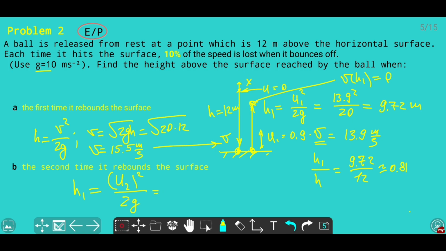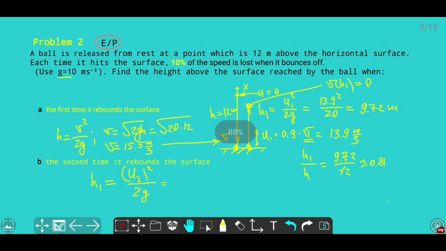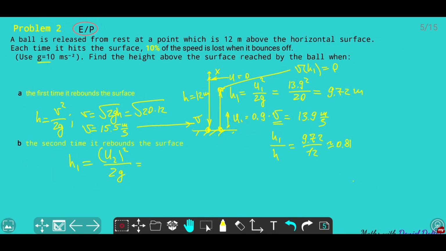We've calculated u1 as 13.9, and I'll just draw a small picture here, which means that right now it bounced off the second time. So that was the initial height, that was the first bounce off, and here is going to be the new one, which is obviously smaller, and this is the ground surface.